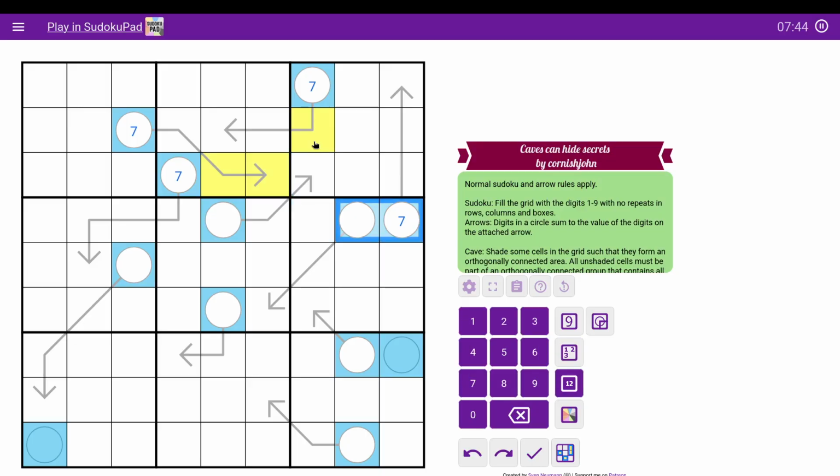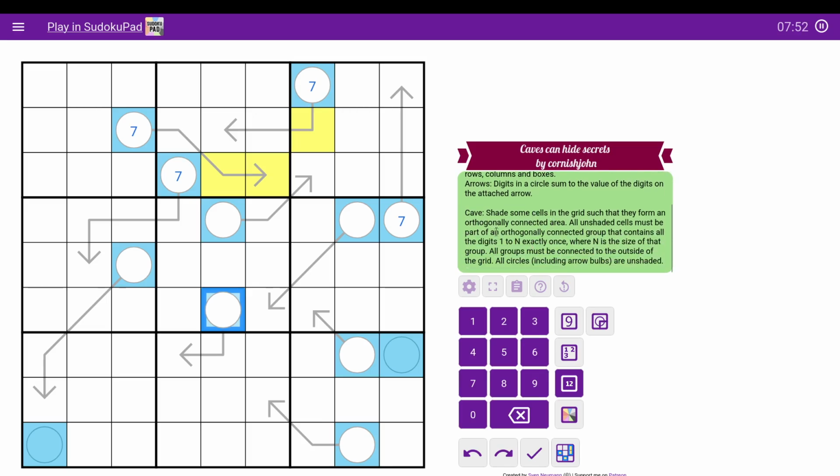These are already, most of these are connected to the edge already. I'm missing something. Digits in a circle, yes. No, I'm not missing a rule.